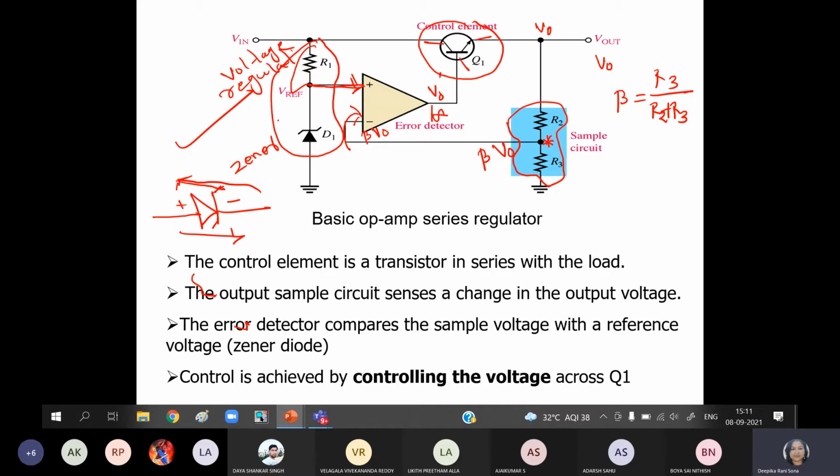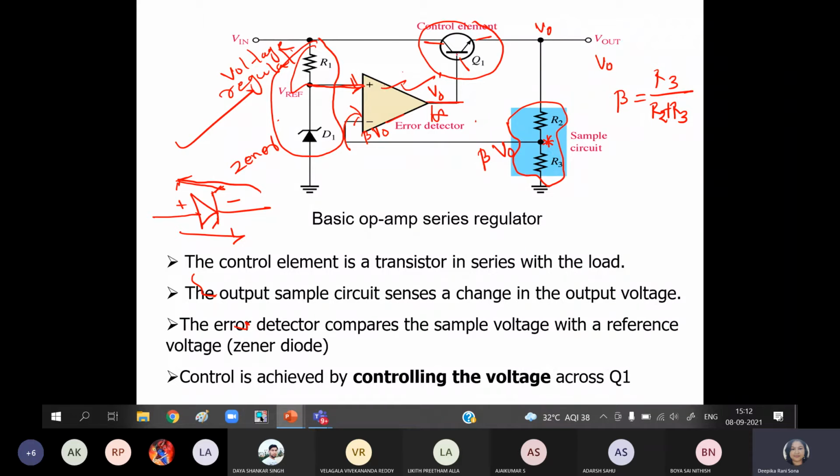It will compare the two values. If there is a mismatch between this and this, there will be some error, and that's why it is called the error detector circuit. The entire circuit up to this part, along with the sample circuit, is called the error detector circuit, and the output is labeled as V0 dash.